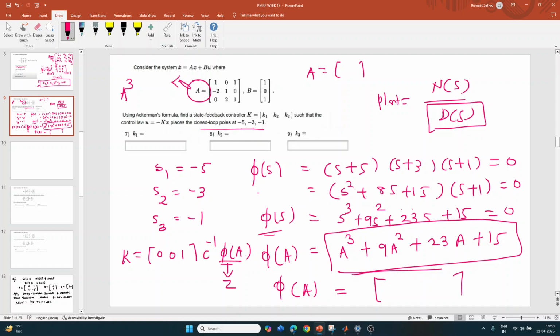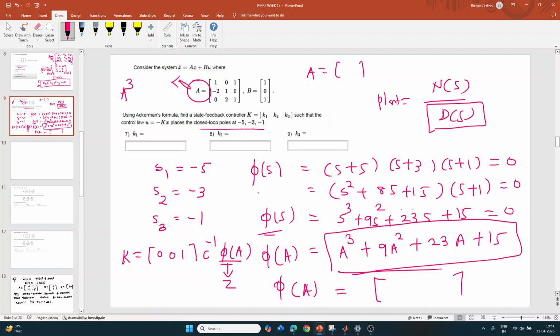What is the C matrix? It is phi C, not C. Sorry.